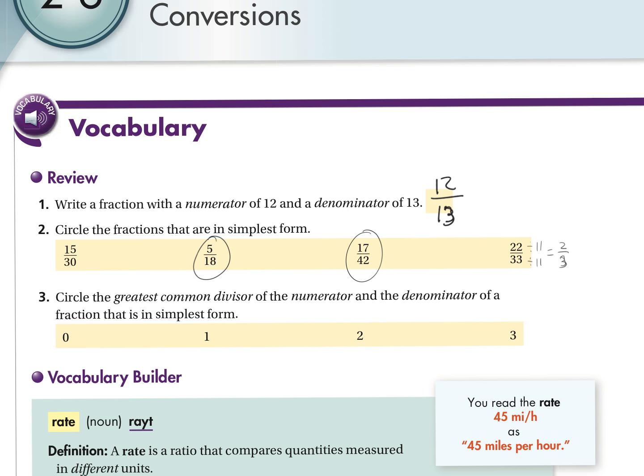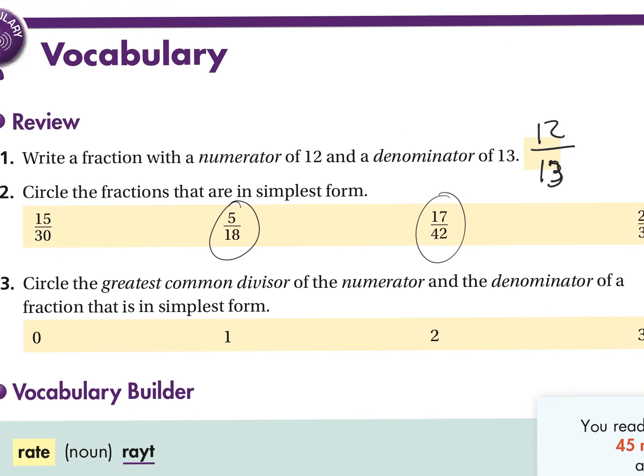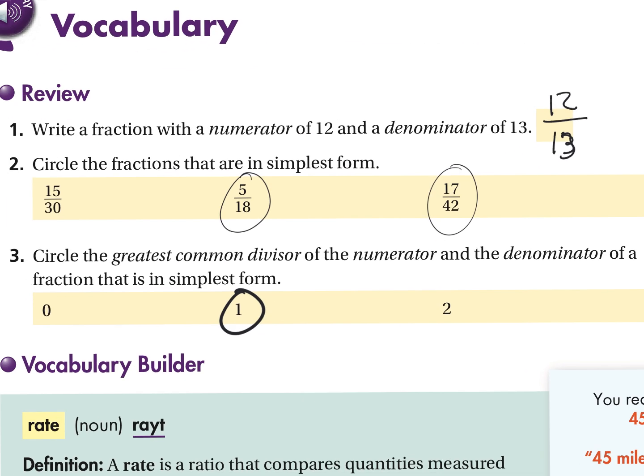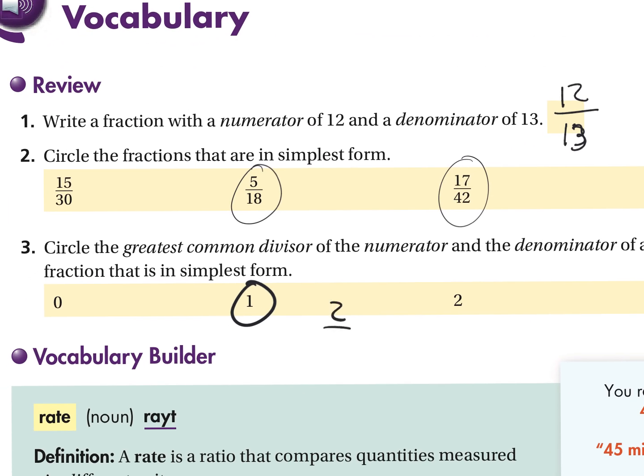So number 3, a fraction that is in simplest form only has a common divisor of 1, right? If you don't know what that means, let's just say we have 2 over 5. Can they be simplified anymore? Do they share any other factors? They don't.